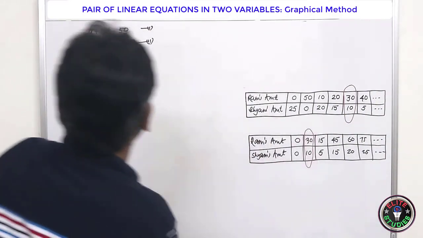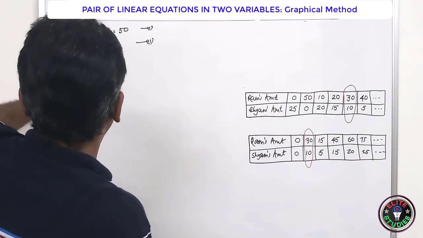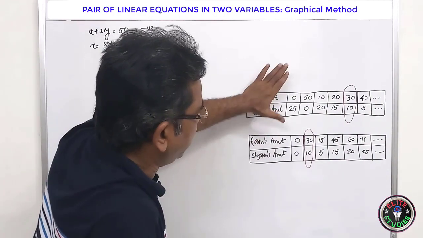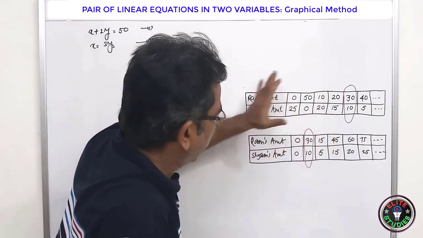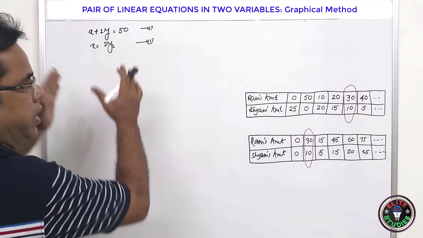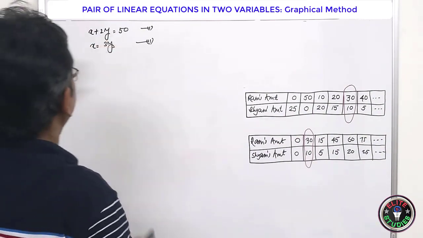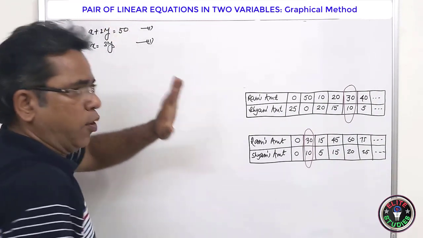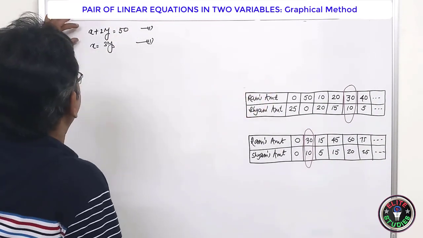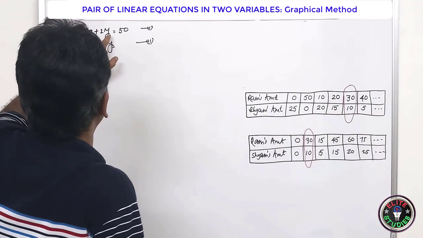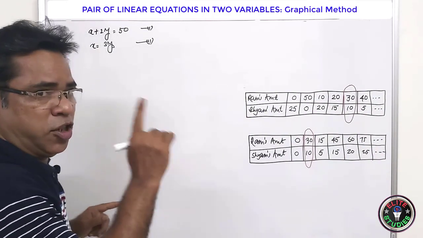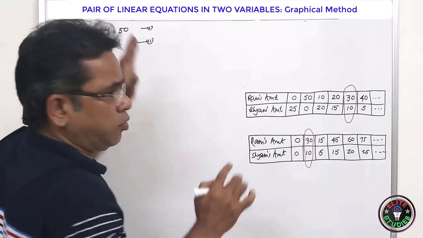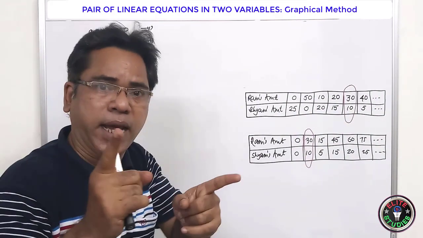Here, let us try to understand how to solve this. This we have done by the hit and trial method. Now how to do this graphically? The most important thing: since this is a linear equation in two variables, as I have already told you in the previous class, and linear means straight, if you plot the graph of this equation, you will get a straight line.